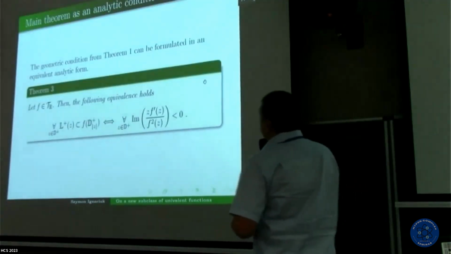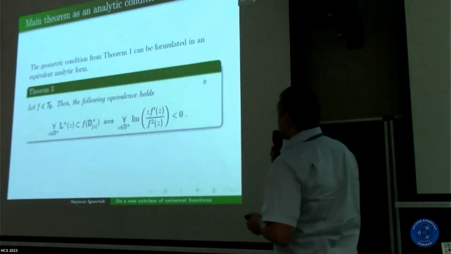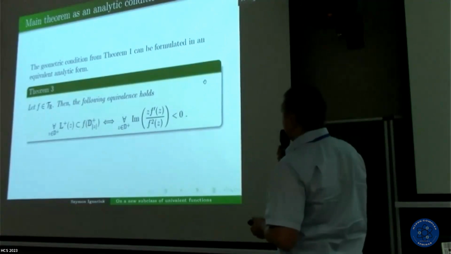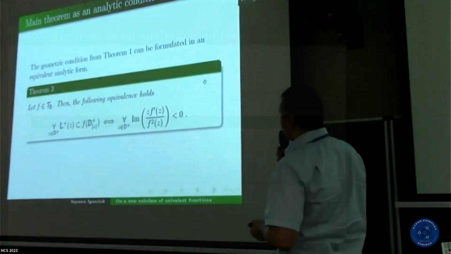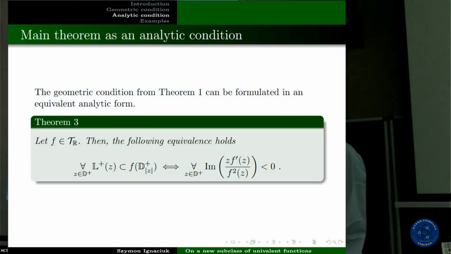Okay, so now we can rewrite our geometric condition as an analytic condition. We have this equivalence. So here we have this geometric condition, and it is equivalent to this analytic condition.